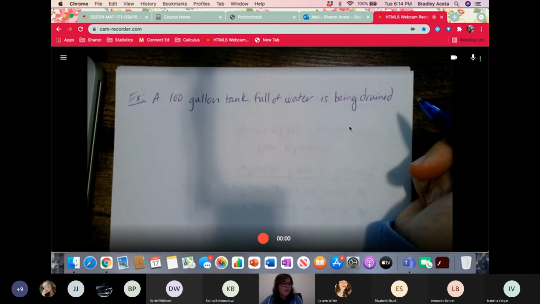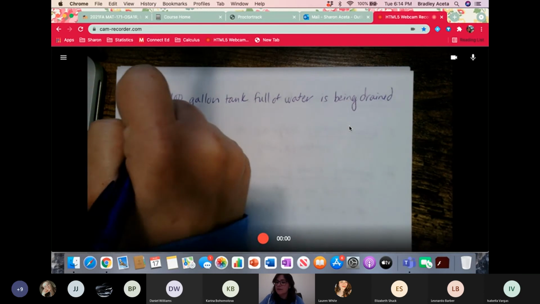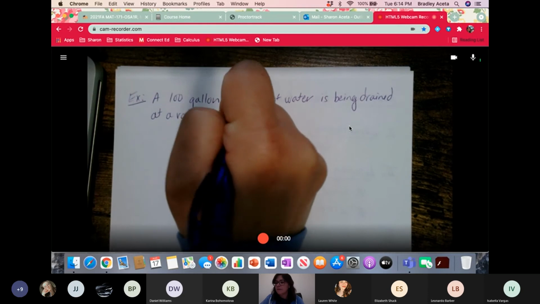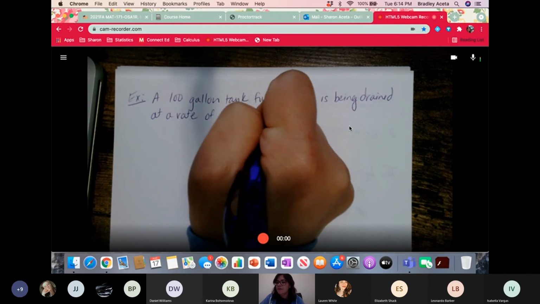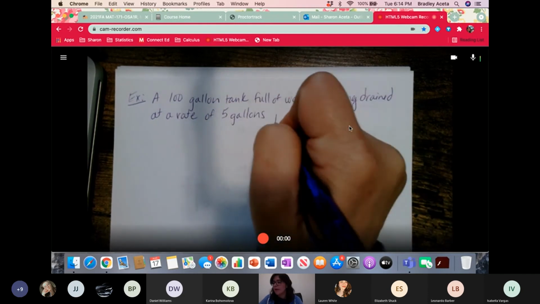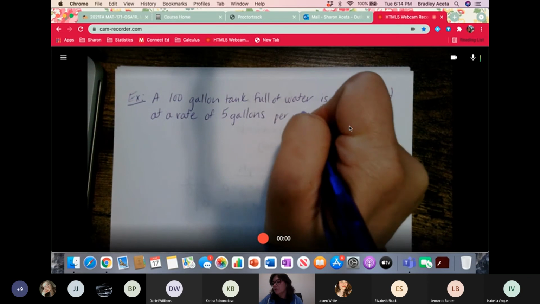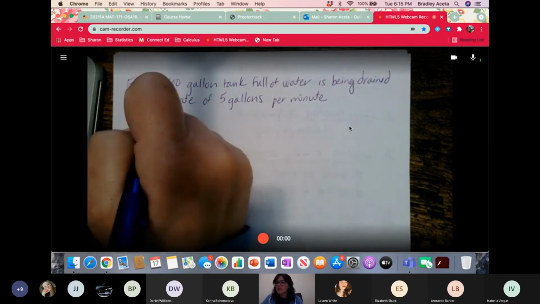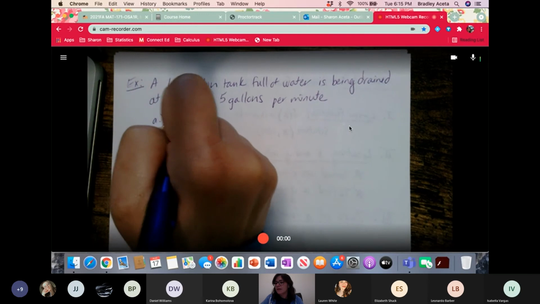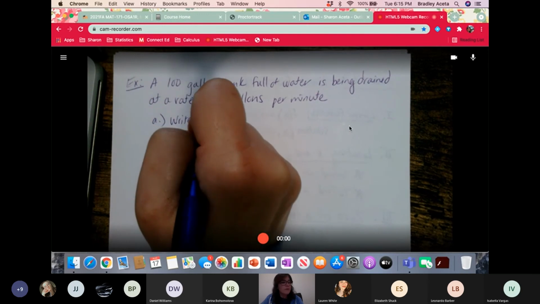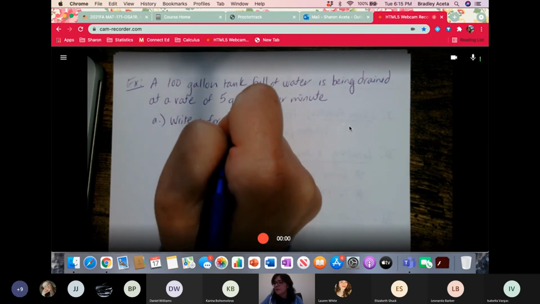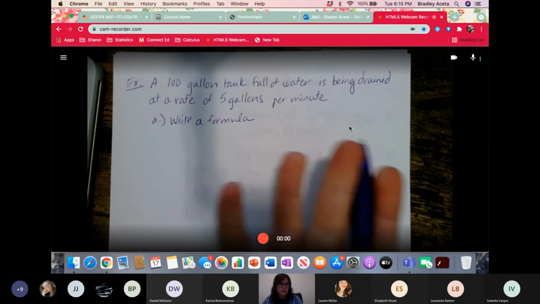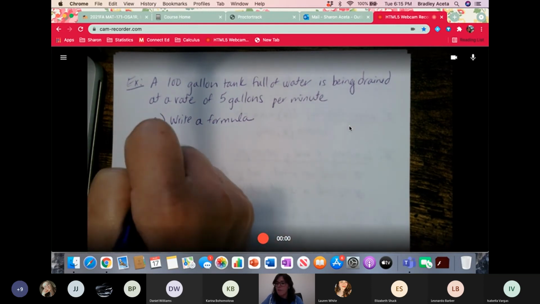A 100-gallon tank full of water is being drained at a rate of 5 gallons per minute. You're going to have a question just like this, similar, and it's going to ask you 3 things. It's going to say, write a formula. And it's going to ask you to do it in function notation, so I'll show you how to do that in a minute.